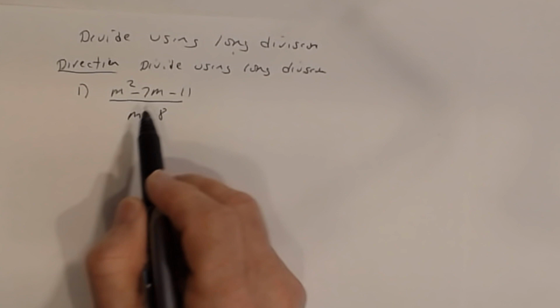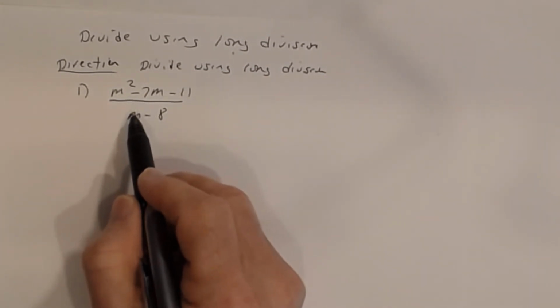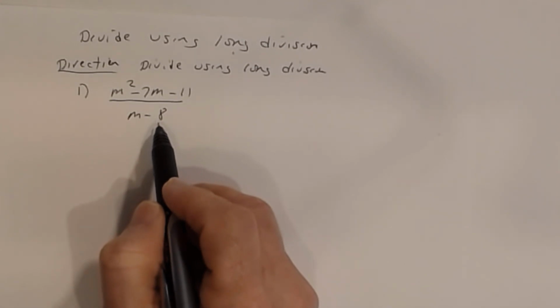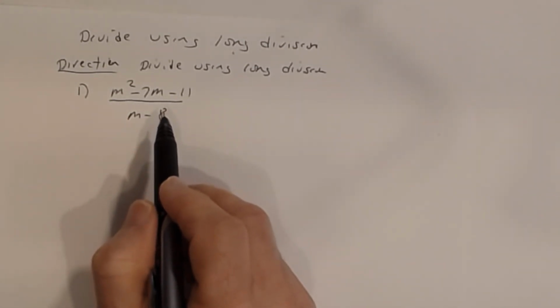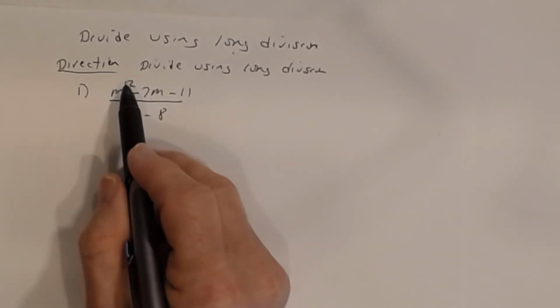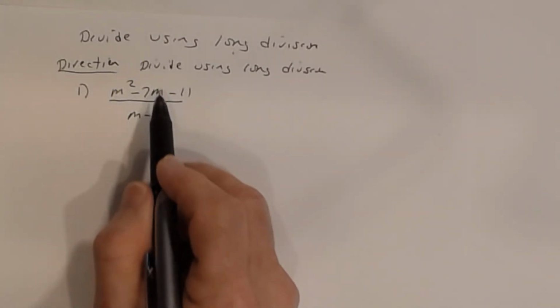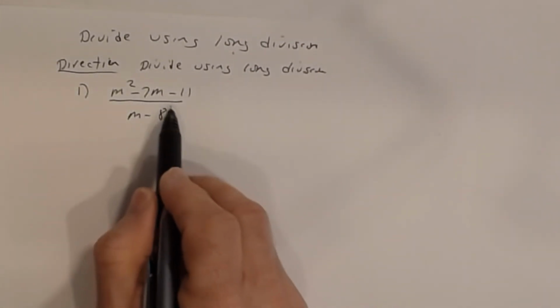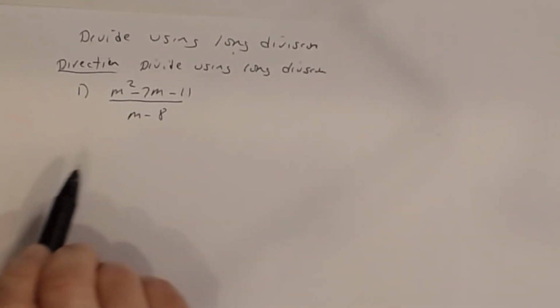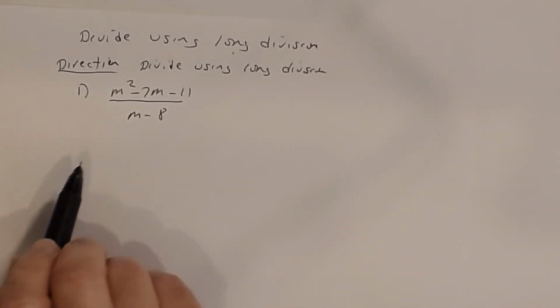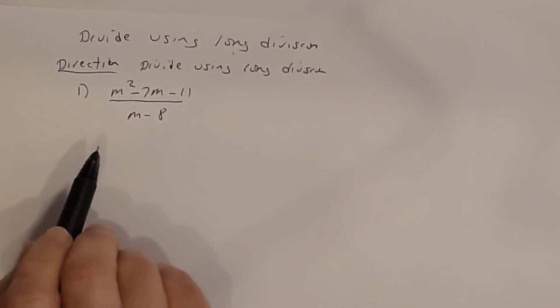There are no missing terms because my largest exponent is 2, right? So I see a 2, I see a 1, I see a constant. I'm good. We're going to do one in a little while where there's a missing term. It's very easy to fix. Okay, so that's step number one.